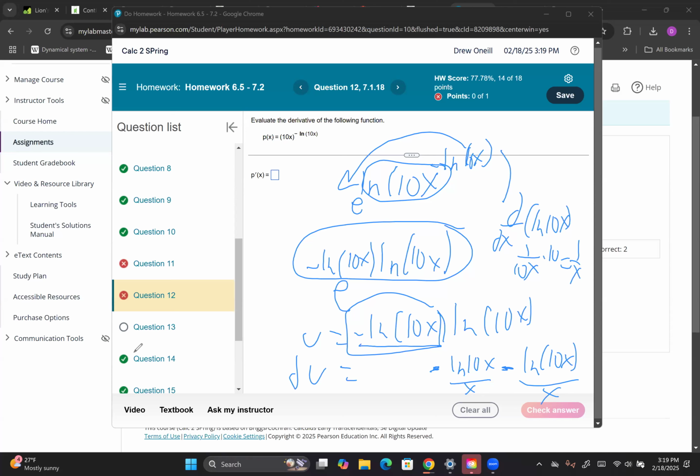Watch what Pearson does. So let's erase some of this. So our answer is e to the u, which is what we had, times du, which is this. So it's really this. If I enter that, well, by the way, this e cancels, right?